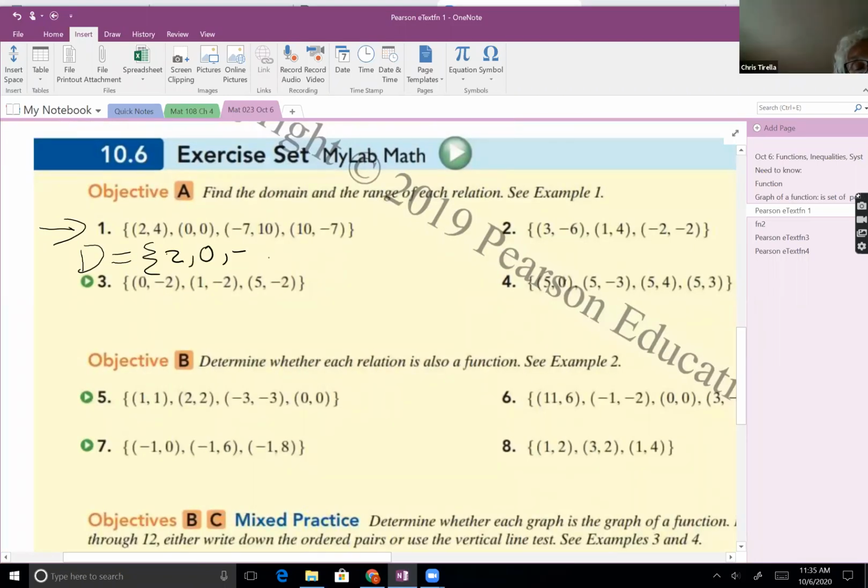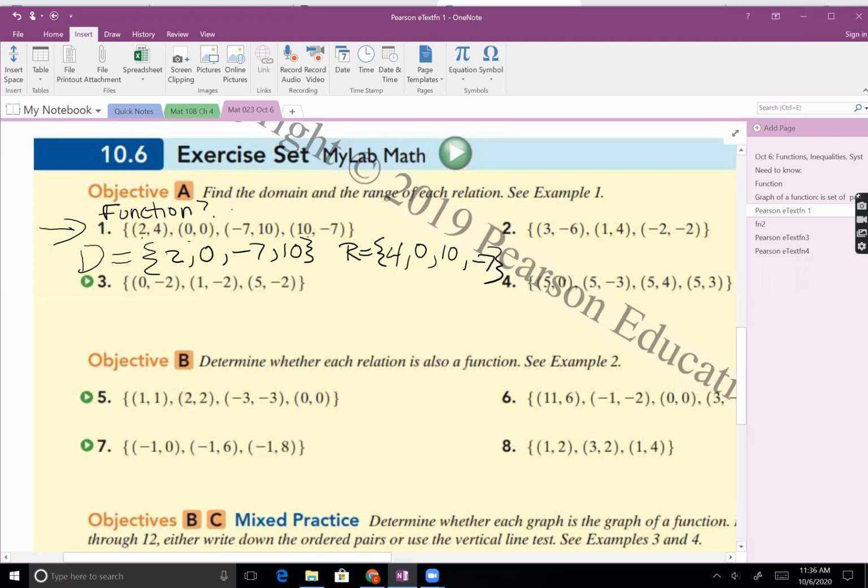No, -7 is in that domain. And what's the range of that one? 4, 0, 10, and -7. Beautiful. And looking at that one, is question number one a function? Does each x value appear just once? Yes. Beautiful.